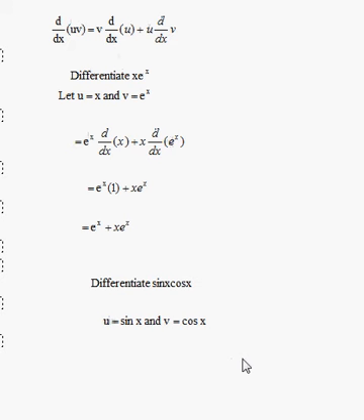So I'm applying the formula v d by dx of u plus u and d by dx of v.